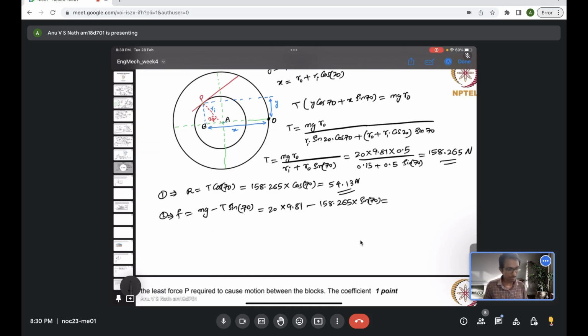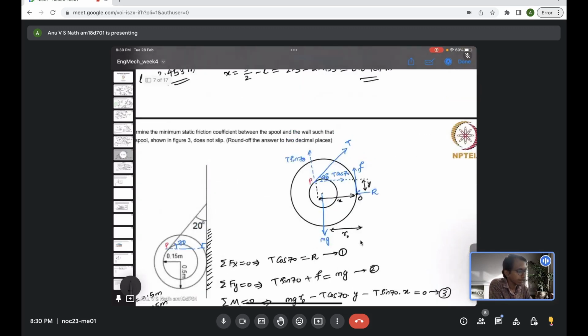So we'll get 47.4795 Newton. So we have got the friction force, normal reaction, everything, and the tension also.